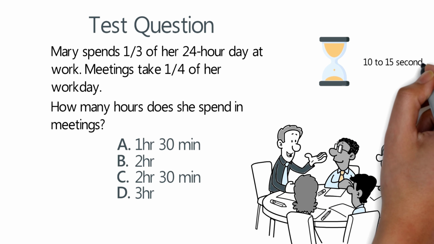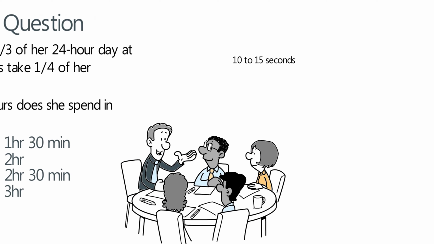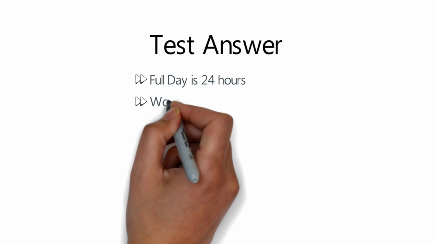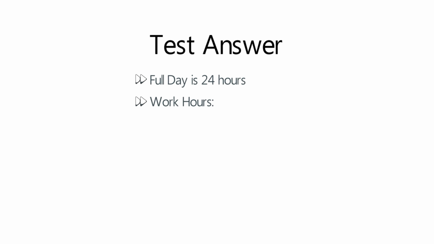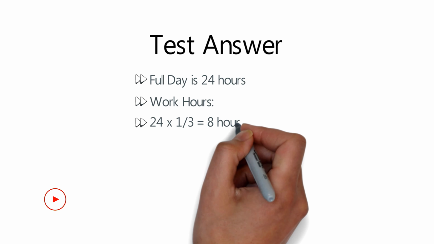Give yourself 10 to 15 seconds, maybe a bit longer, depending on how well you typically solve these types of problems. Ready or not, let's go ahead and solve this challenge together. As you might be well aware, a full day has 24 hours. Mary's working hours are very typical. They represent 1/3 of the full day, which is 8 hours.